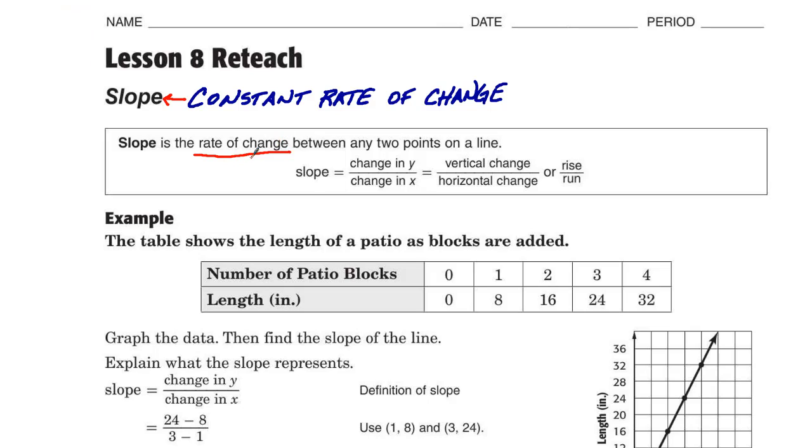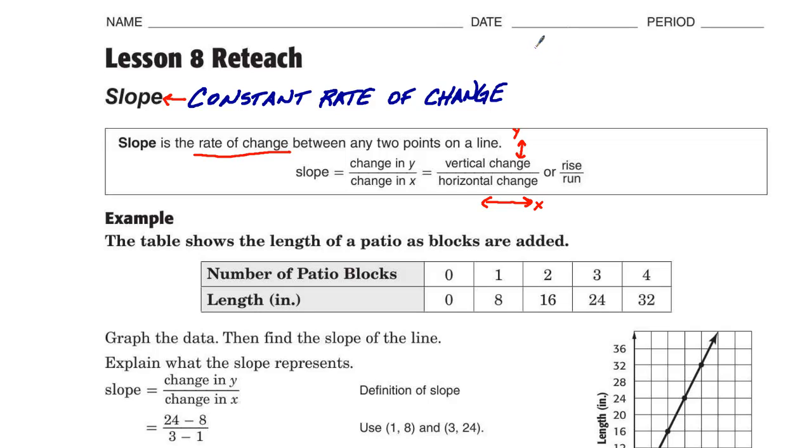All right, so slope is the change in y over the change in x. It's the vertical change, that's the change in y. Remember, the y-axis goes up and down, over the change in x. X is the horizontal axis. We talked in a couple of the classes about this idea.